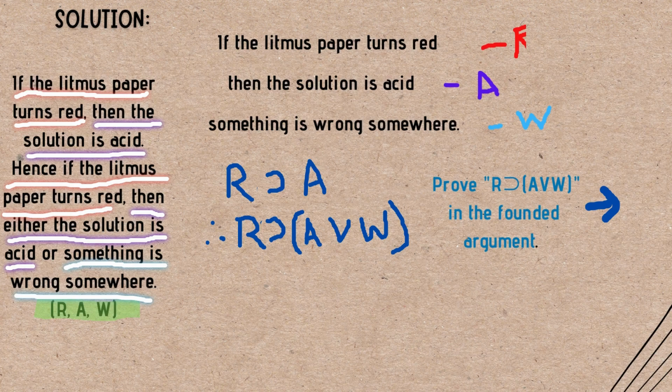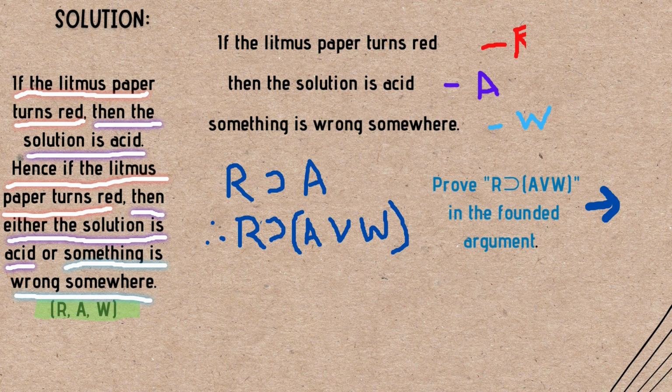Let's break the statement into sentences and assign variables to them, and we will form an argument. If the litmus paper turns red, we give the value R to it, then the solution is acid. Let's keep the value A for acid.